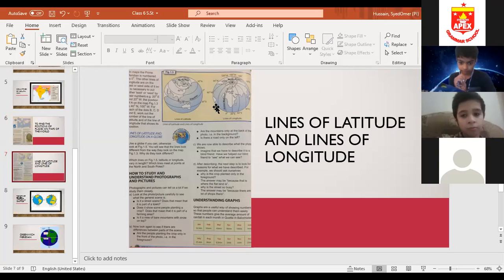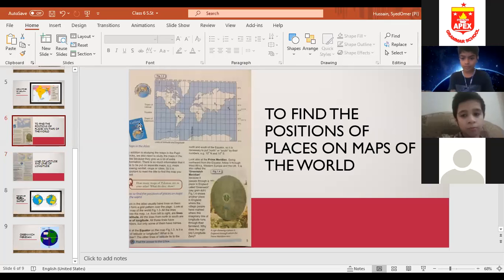Which lines on figure 1.5, latitude or longitude, vary in length? Which lines meet at points at the north and south? Which lines are meeting at points at the north and south? In this, we can see this map. You can just look at this map and meet the lines.